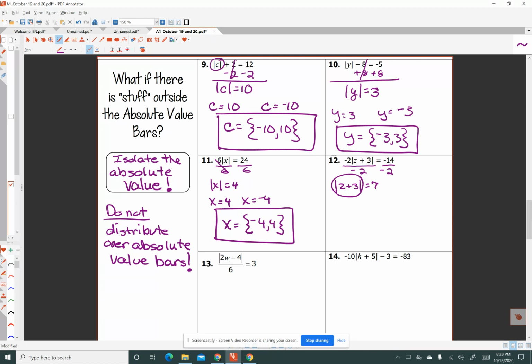We have to set the whole term equal to 7 and negative 7. z plus 3 equals 7. z plus 3 equals negative 7. Subtract 3 from both sides of the equation. z equals 4. Again, the left-hand equation will subtract 3 from both sides, or z equals negative 10. So our final answer is the set negative 10, 4.